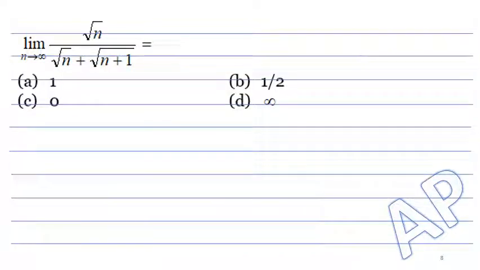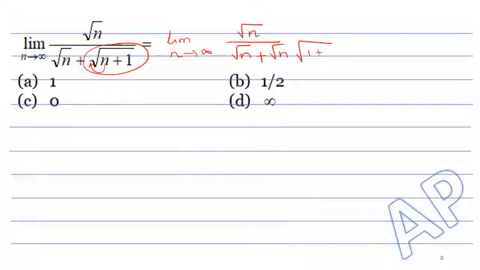Let us evaluate the limit as n tends to infinity of root n by root n plus root of n plus 1. Let us write this root n in the numerator as it is. In root n plus 1, let me take n outside, so that I will get root n into root of 1 plus 1 by n.